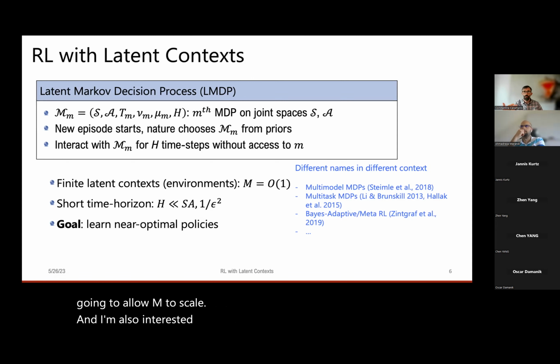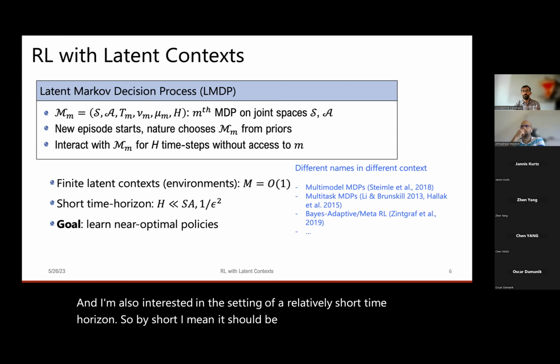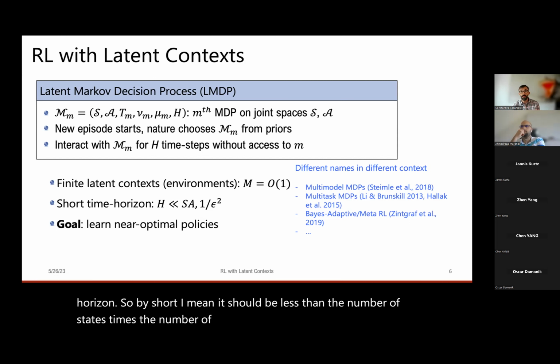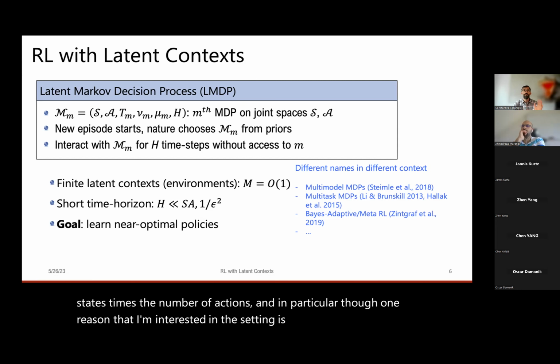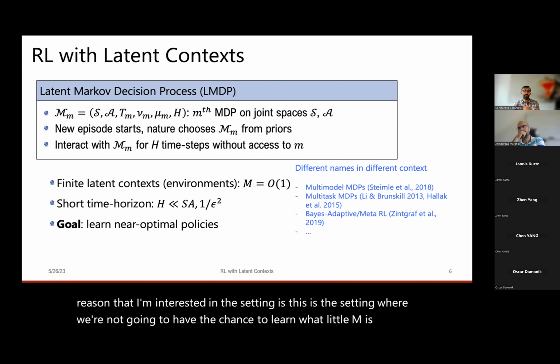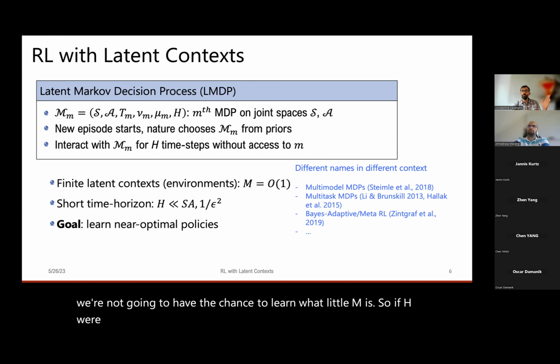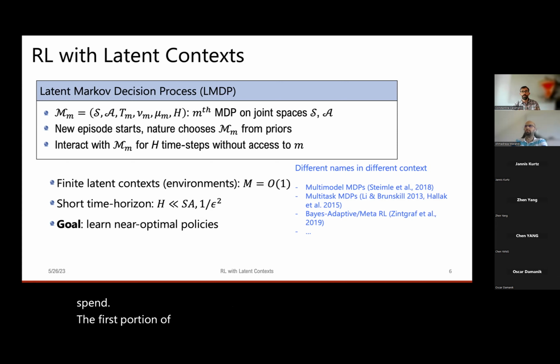One reason that I'm interested in this setting is that this is the setting where we're not going to have the chance to learn what little m is. If H were going to infinity, we could imagine that we would just spend the first portion of that horizon estimating what the latent variables are.